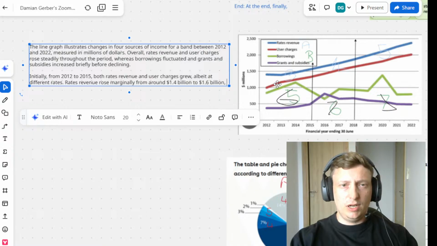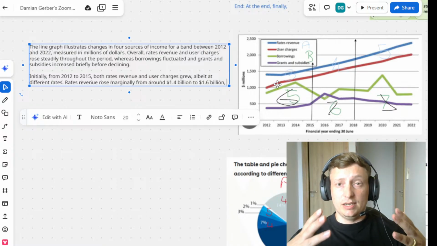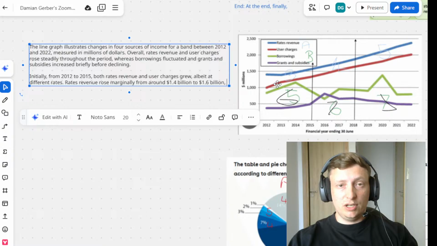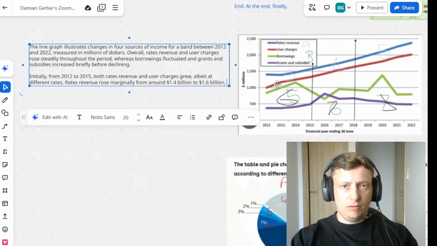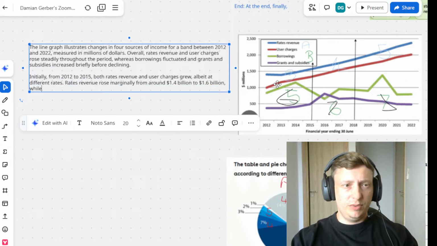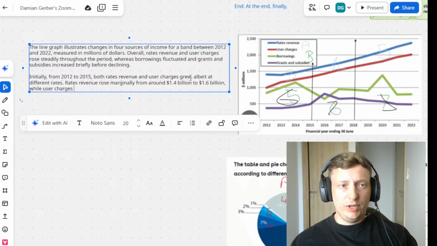Again, another linking word. So this is happening at the same time. We're talking about user charges doing the same thing as rates revenue. So we can say, meanwhile, let's just go with while, keep it simple. While user charges. Now this is where the comparison comes into play, right? So we mentioned earlier that they grew at different rates.